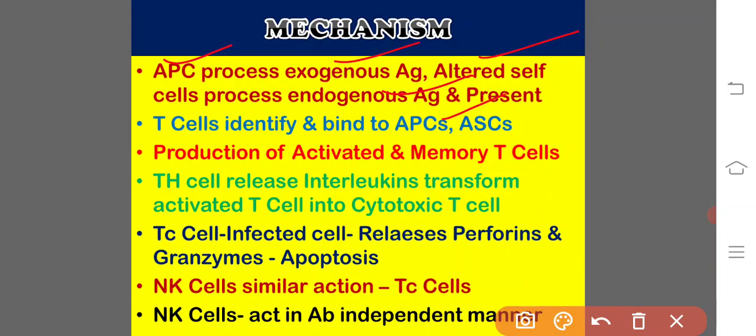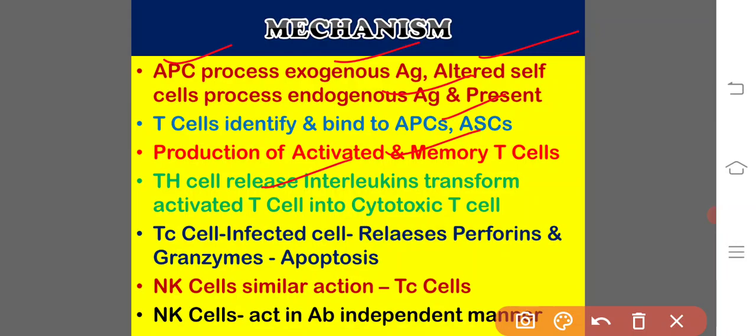Binding of T cells to the APCs and the ASCs causes the production of activated T cells and the production of memory cells. The activated T helper cells secrete various types of interleukins which transform activated T cells into the effector cytotoxic T cells. Otherwise, the CTLs, cytotoxic T lymphocytes, are killer cells.